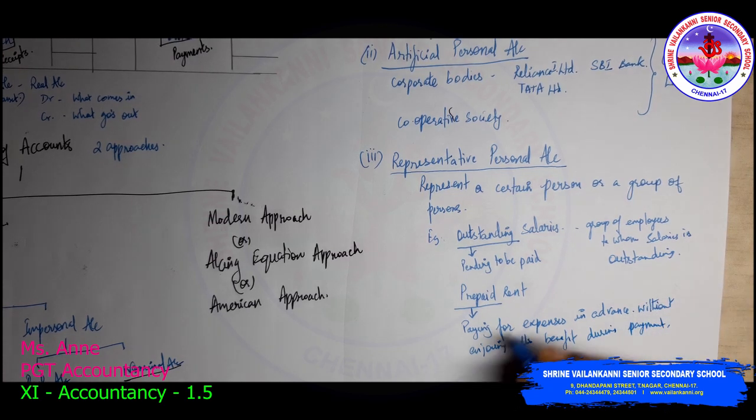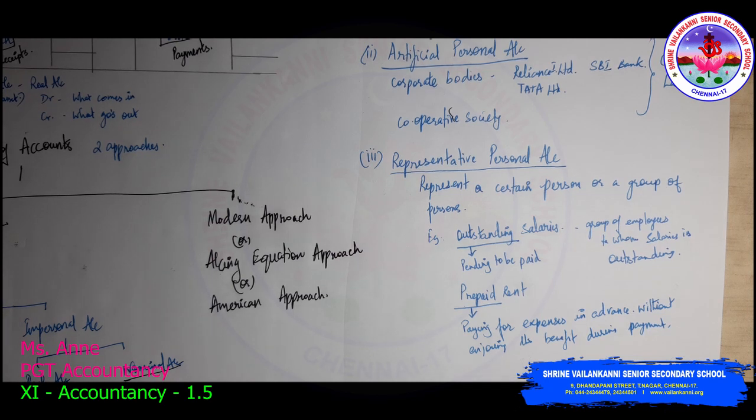This is just a rough idea of what is prepaid. You may have done prepaid recharges for your mobile. So paying for expenses in advance without enjoying the benefits during payment is called a representative personal account.